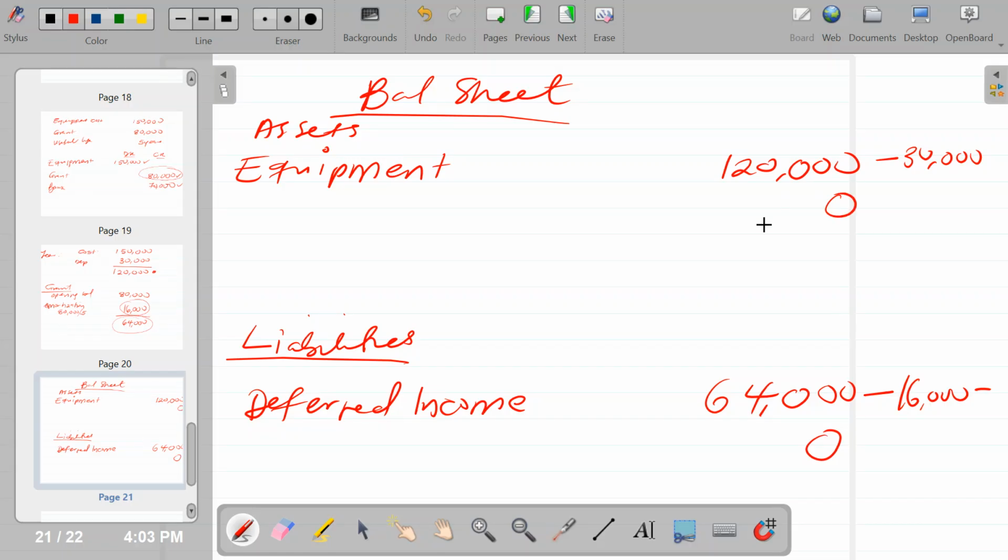Do you get it? So that is how we treat capital grants. The grant is recognized as deferred income, and every year we amortize the grant, based on the useful life of the asset the grant was used for.